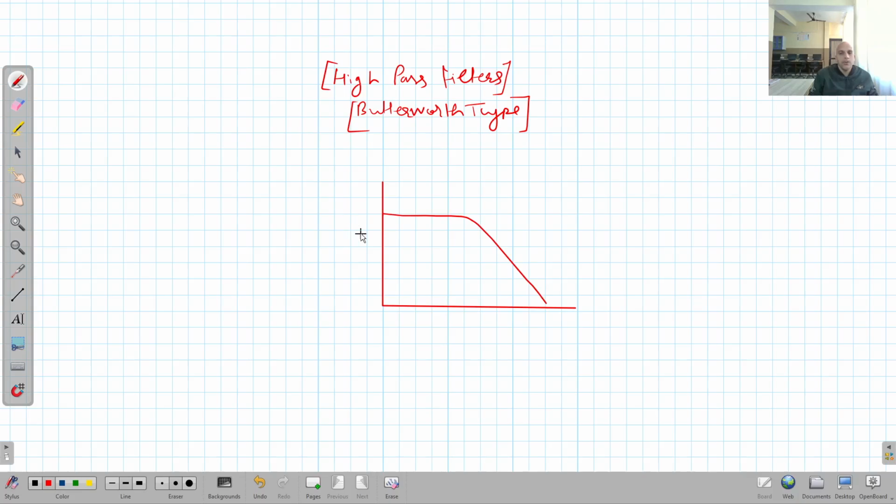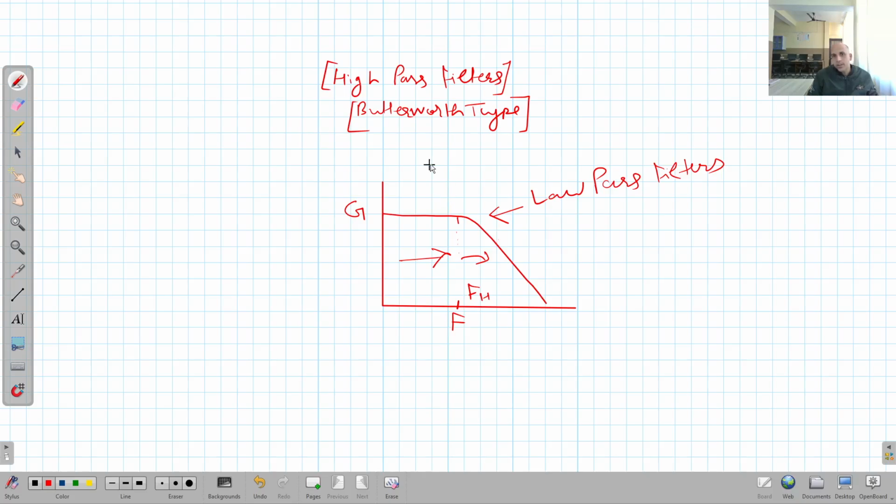This is gain versus frequency, the case of low pass filters. Here the frequency corresponding to this point is FH, the highest frequency that is allowed to pass from the filter, and all the frequencies toward this side of this region are attenuated or stopped by this low pass filter.